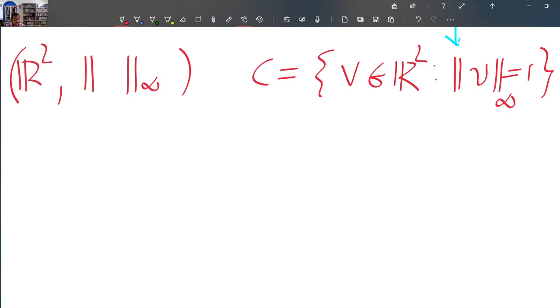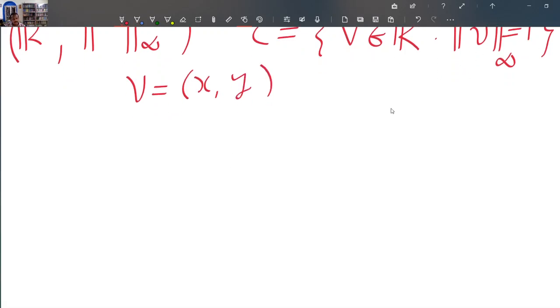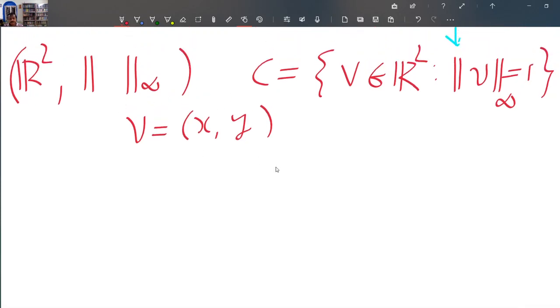So this is the set under consideration. You let V equal (x, y). What is the behavior of the unit circle in R2 with the supremum norm?